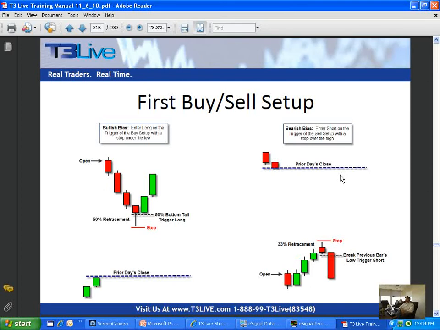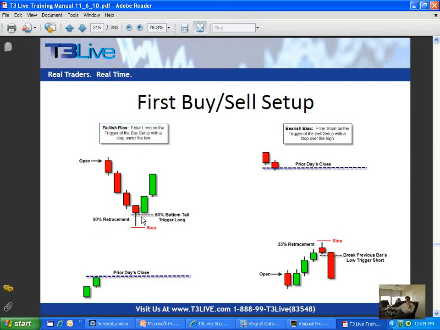Again, another entry technique is the buy and sell setup. Okay, so depending on what's happening, in this particular picture, you can see the prior day's close was down here. The stock gaps open all the way up here.